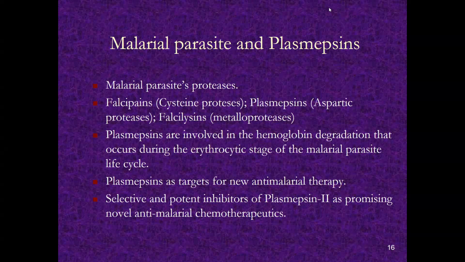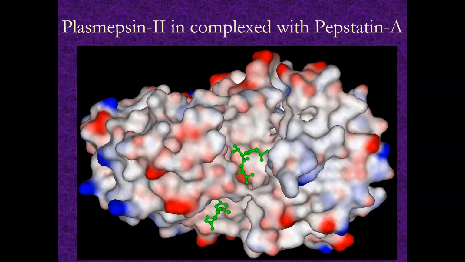So this is the plasmepsin 2 structure from PDB. This is another view of the same structure with surface representation, and you see that this is the normal compound, which is bound at the active site of the plasmepsin 2 enzyme.